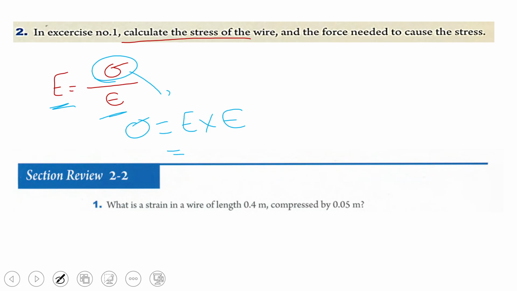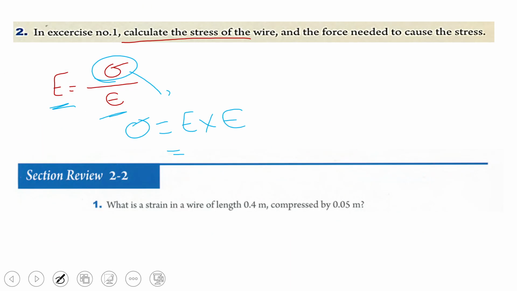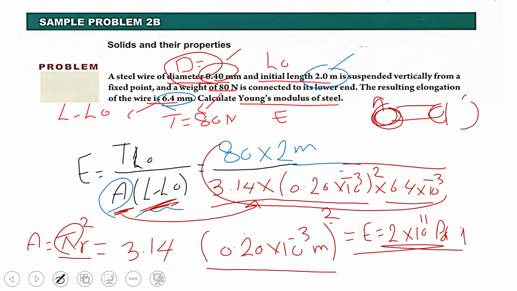So guys, the previous part, it was written Young modulus 1.1 times 10 power 11. So write instead of the Young modulus 1.1 times 10 power 11 Pascal times strain, we've got the answer. The previous part, strain 3.7 times 10 power -4.